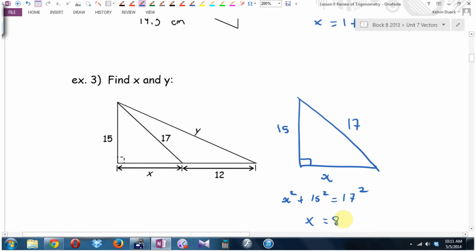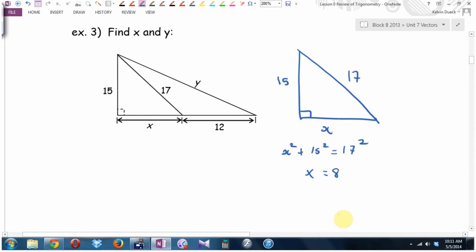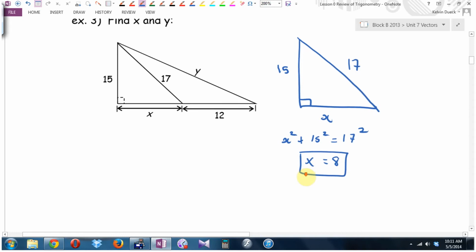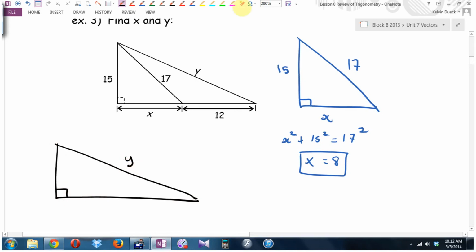What's the second thing they want? Since that's one of the things they wanted us to find, Kylie, let's cleverly put a box around it. Jake, what's the second thing they wanted me to find? Find y. That's part of that triangle where that's y. How far from here to here?